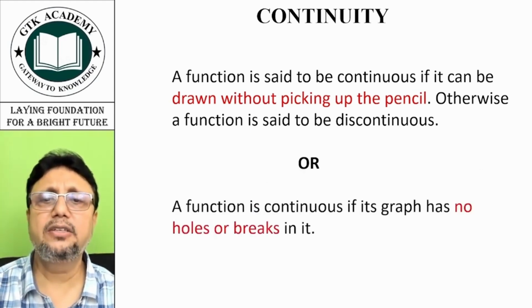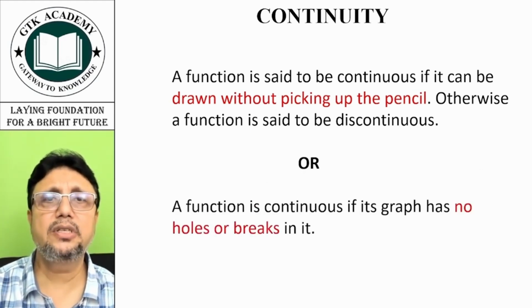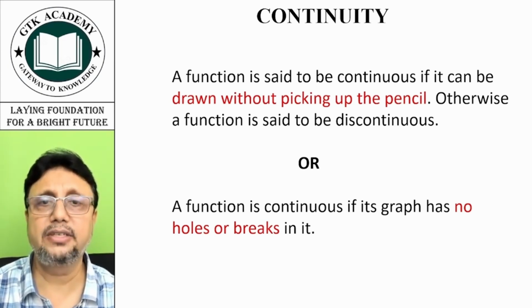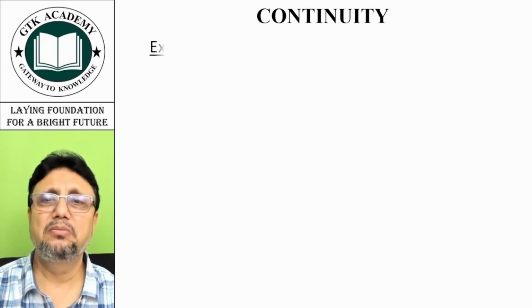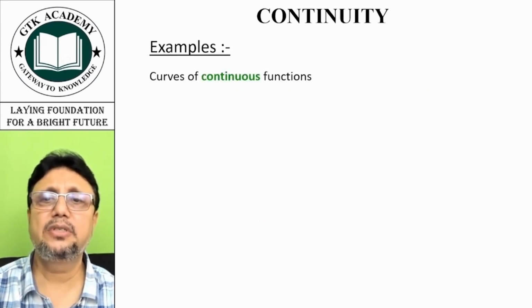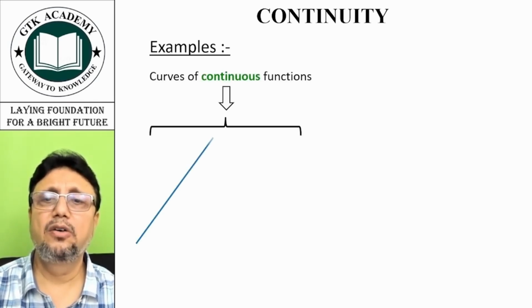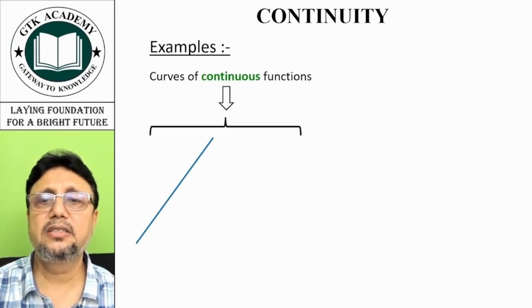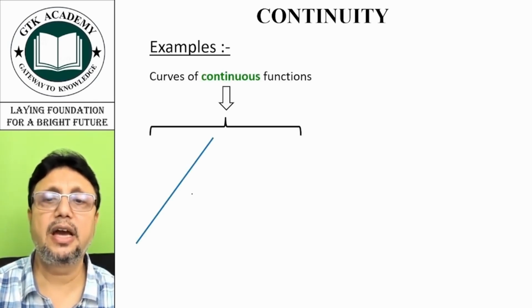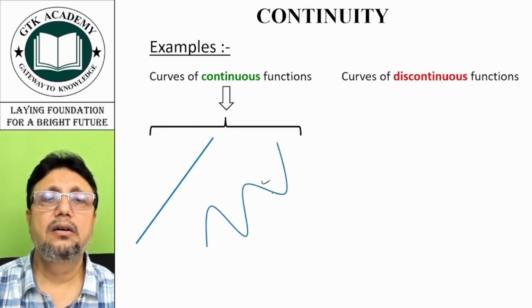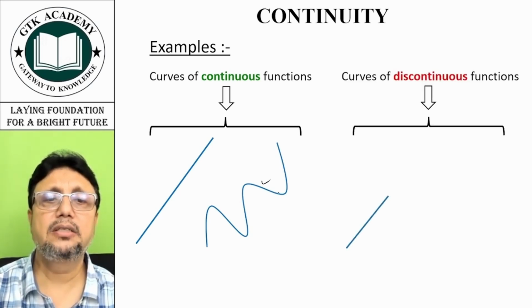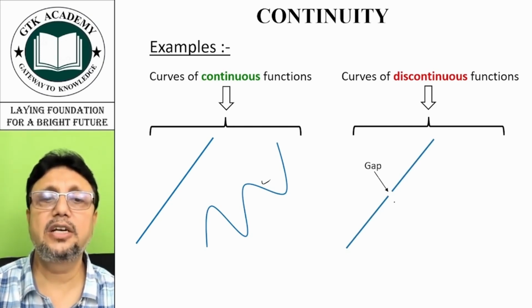So we can also define it that a function is continuous if its graph has no holes or breaks in it. Let us see certain examples. The curves of continuous functions can be like this. See, this is a straight line, it doesn't have any gap, or it can be like this. Examples of discontinuous functions can be, suppose the line is coming till here and then there is a gap, so this is a discontinuous function.